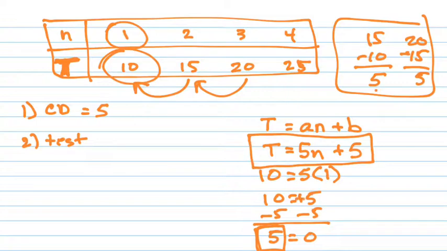So that's our B. That's the thing we need to add to finish off our formula. You go 5 times n, and n is 1, which is 5. But that's not 10, so how many would you have to add? You need 5 more, so you go plus 5. And if you do 5 times 2, that's 10. Plus 5 is 15. And that gives you your answer.